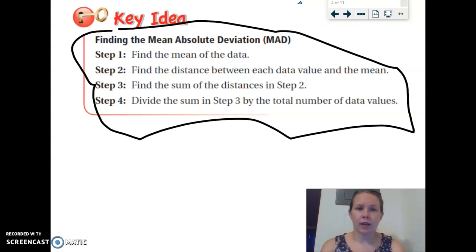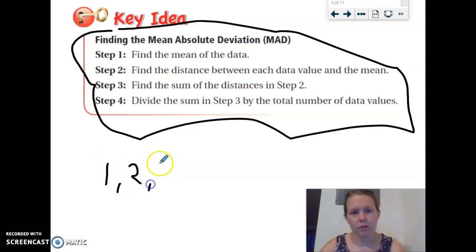Step number 2 then is you're going to find the distance between each data value and the mean. So for instance, maybe you have a data set that goes like, okay, 1, 2, 3, 4, 8. In the case that you had a data set like this and you find your mean, remember you add them all up and you divide by the amount there is.